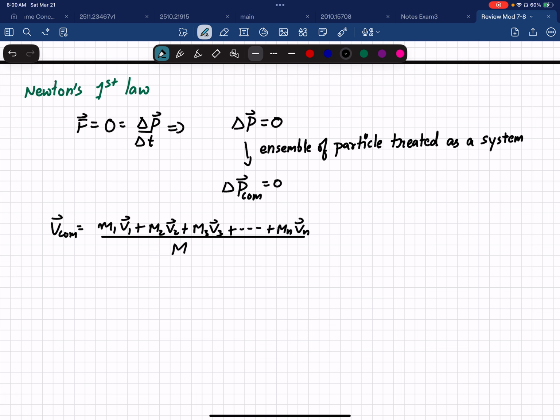In this, you take the total mass to the other side, and then you get this expression.